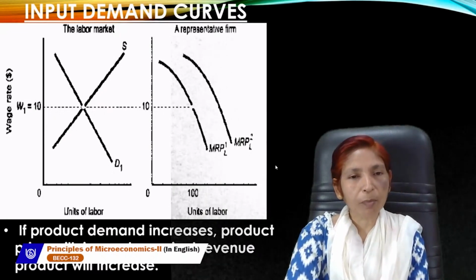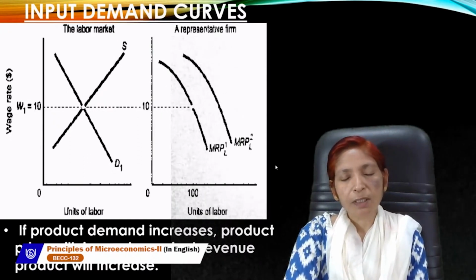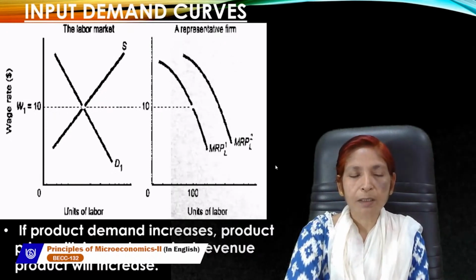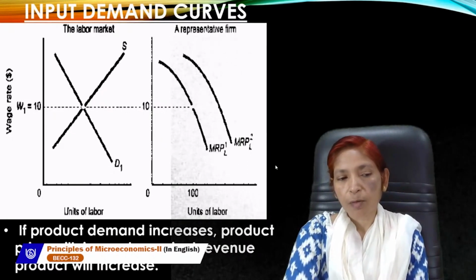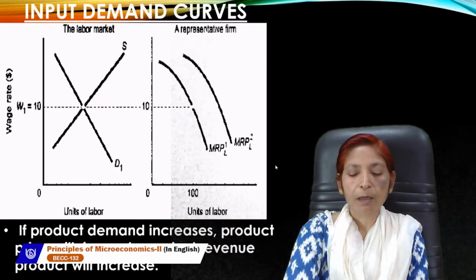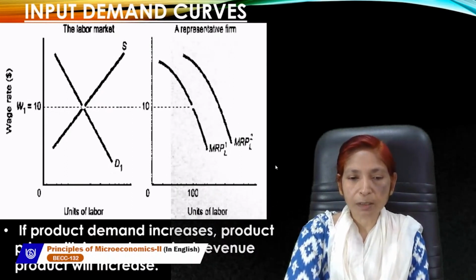Equilibrium wage rate is determined, but in the case of a firm, this curve will shift to the right hand side because here product demand is increasing, and when product demand increases, product price will also increase, because we know that price and supply are directly related with each other.